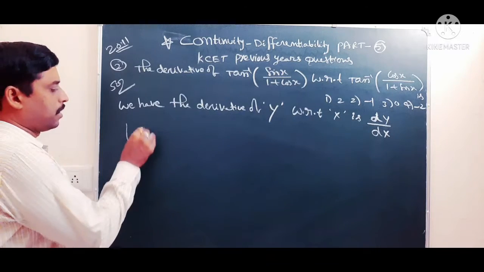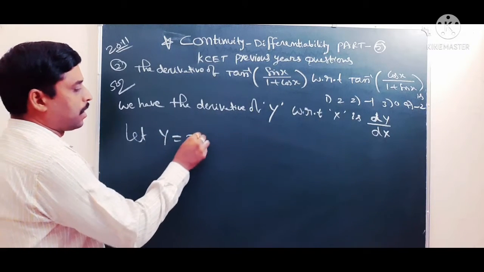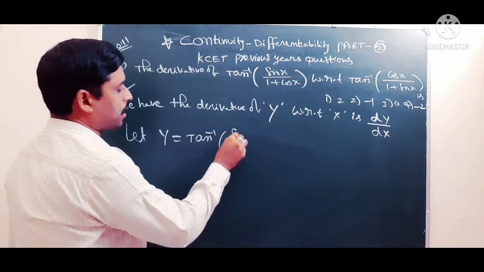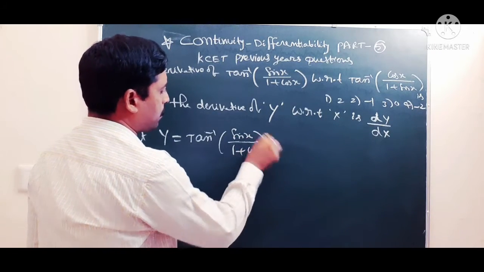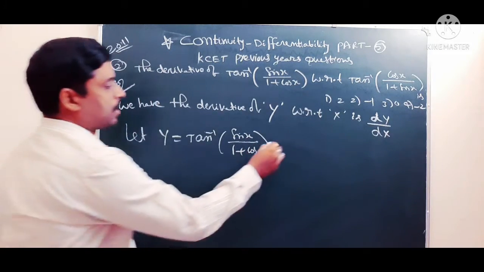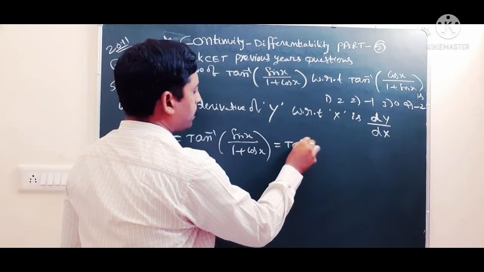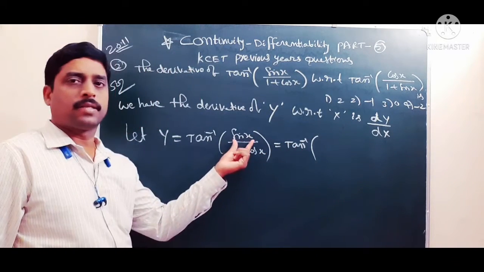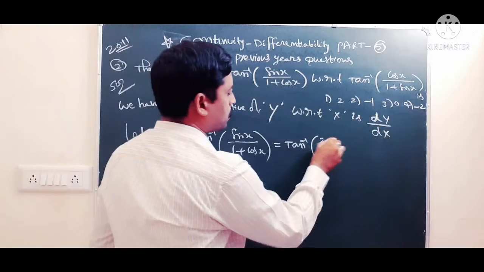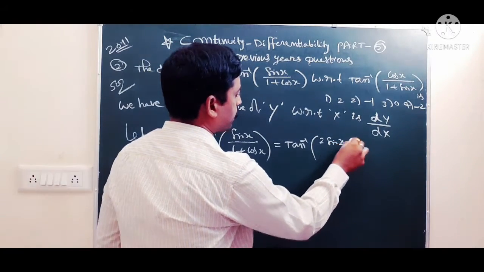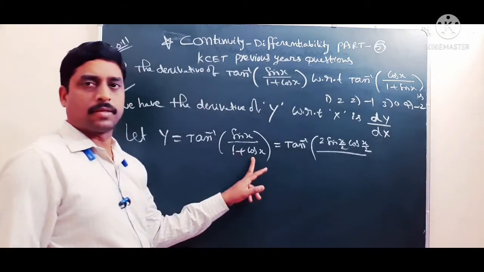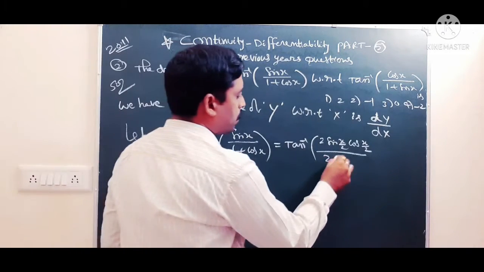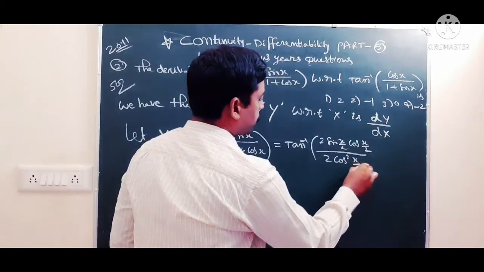So let us take y is equal to tan inverse of sin x by 1 plus cos x. Okay, this will be tan inverse of, we have formula sin x formula 2 sin x by 2 cos x by 2. So denominator 1 plus cos x, we have formula 2 cos square x by 2.